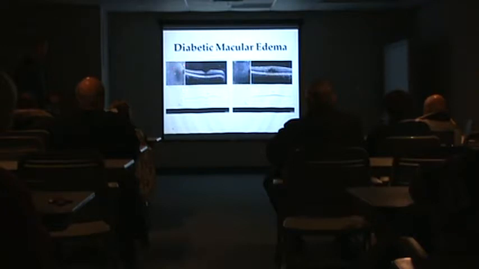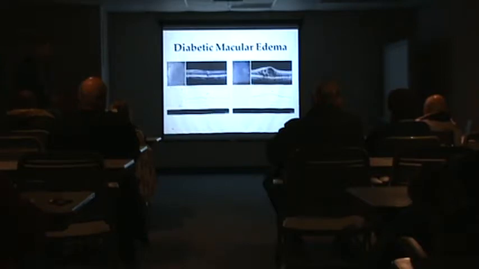What this instrument does is it takes a laser and scans that tissue and then allows us to take that image and turn it sideways. So now we're looking at what's going on underneath the back of the eye, within the retinal layer. Again, this is what a normal OCT looks like in the macula. Over here you can see these cystic spaces, where the swelling is causing the retina to thicken. I've got a couple more images like that too.